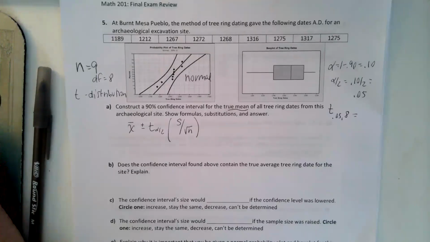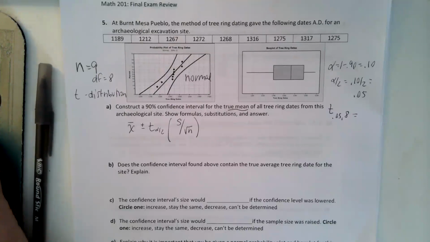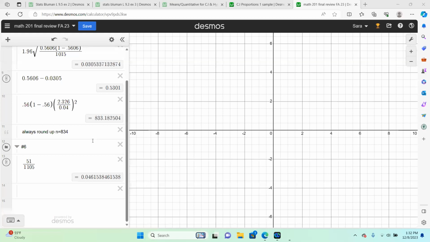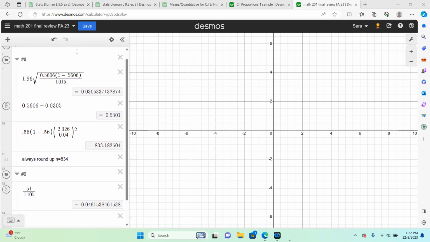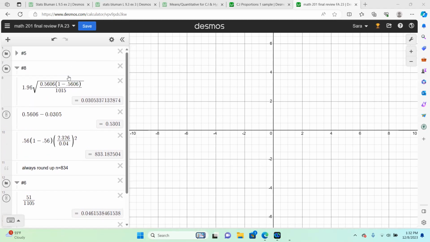So we're going to go to our Desmos here. I wanted to put in the data.